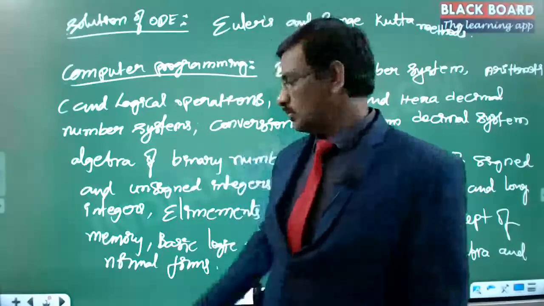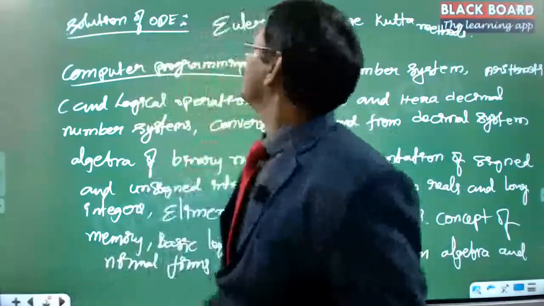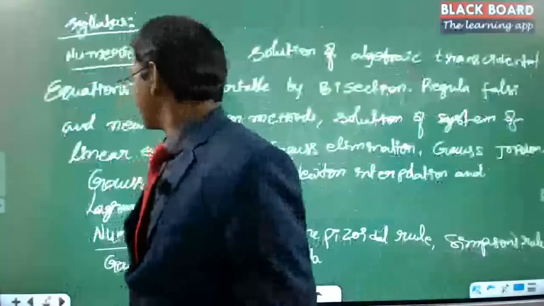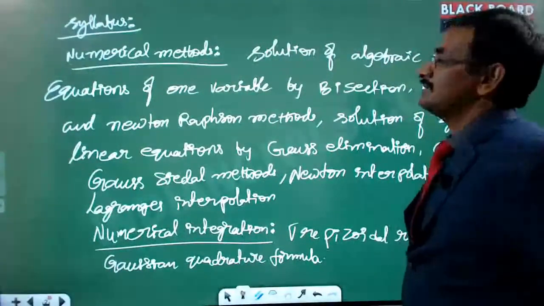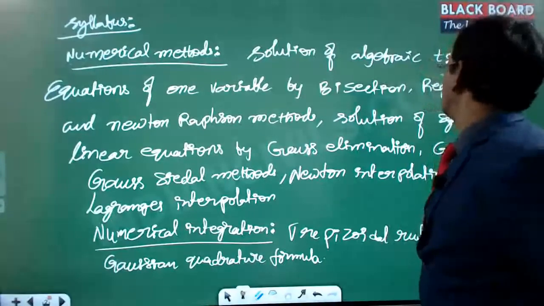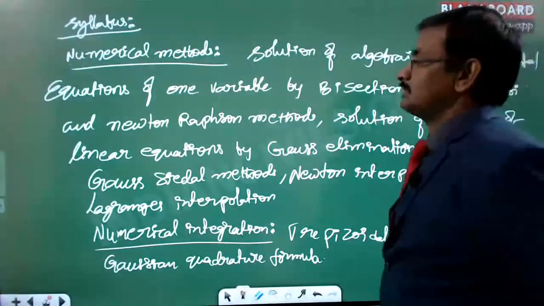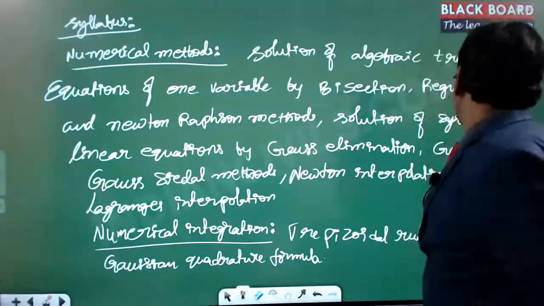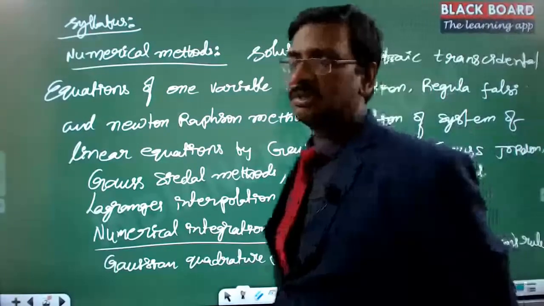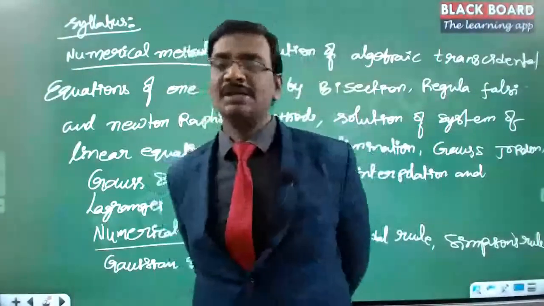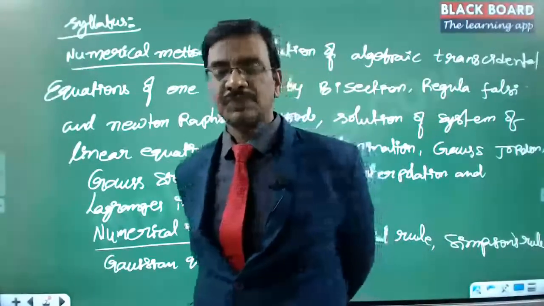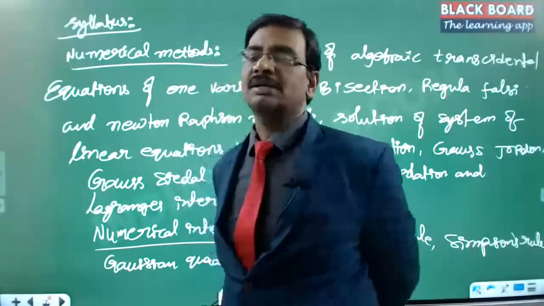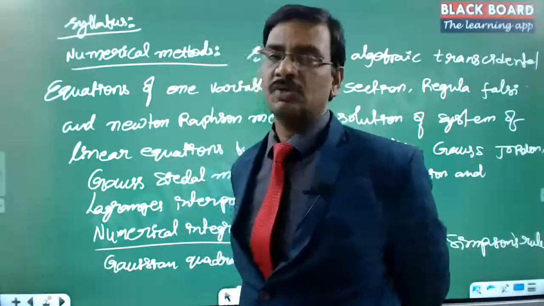Now let me go through this. In numerical methods, solution of algebraic and transcendental equations of one variable by bisection, regula falsi and Newton-Raphson methods. Suppose I have an equation in a single variable, let us say 2x^2 + 3x + 4 = 0.